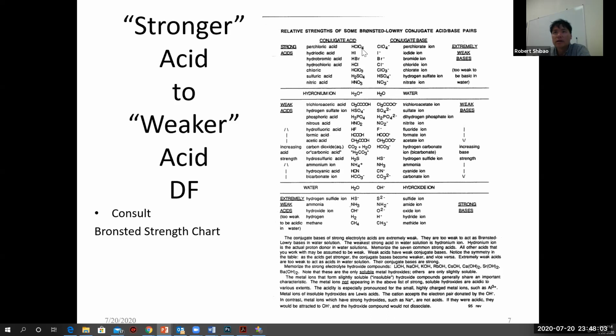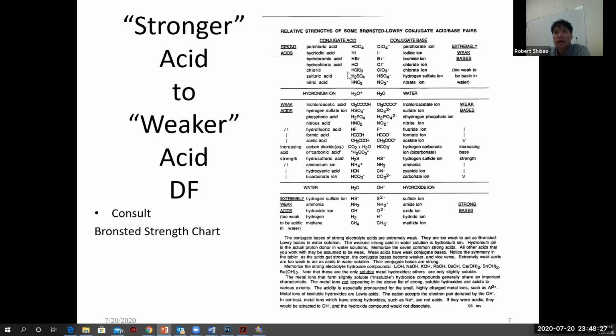These are what we call the 7 common strong acids. The 7 common strong acids are perchloric, hydroiodic, hydrobromic, hydrochloric, chloric, sulfuric, and nitric. If it's not one of the 7 common strong acids, then we assume it's weak. And so all these other acids here are assumed to be weak. Now there are things called superacids, which are even stronger than perchloric.